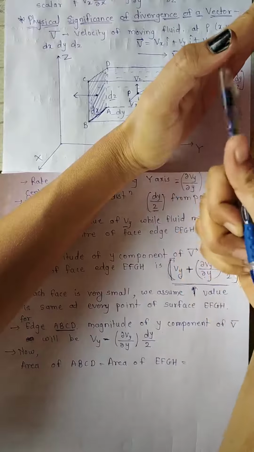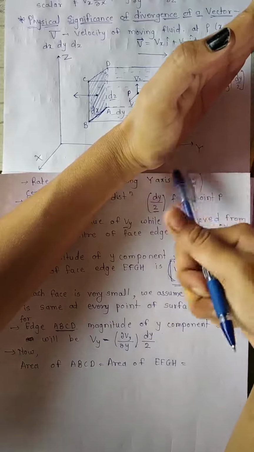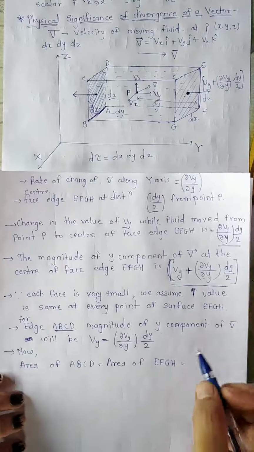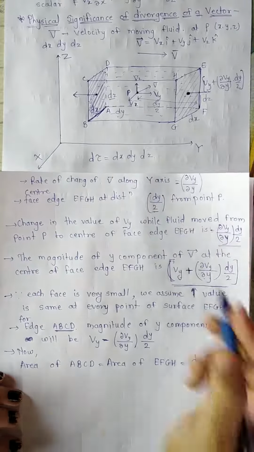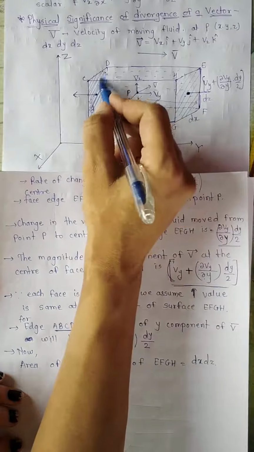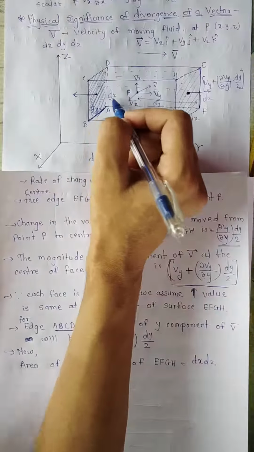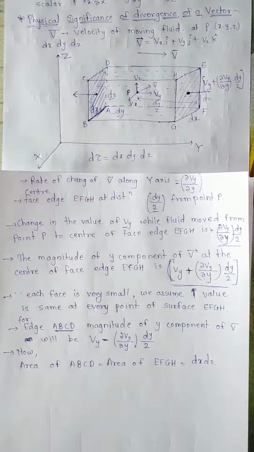Suppose this vertical is our dz and this is dx. So the areas of these faces are given by dx and dz, since there is no y component. This is a two-dimensional plane which is along the x and z axes. So the area of both faces is equal, which is dx into dz.